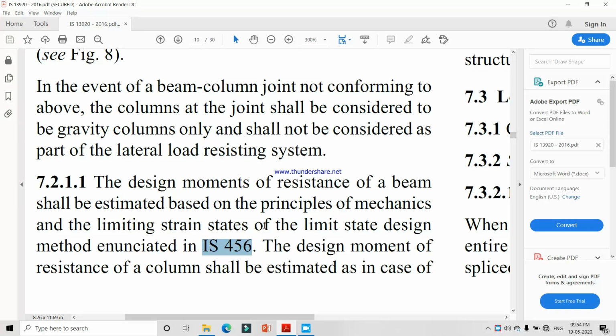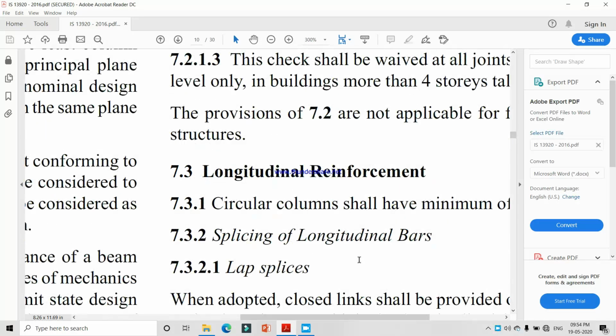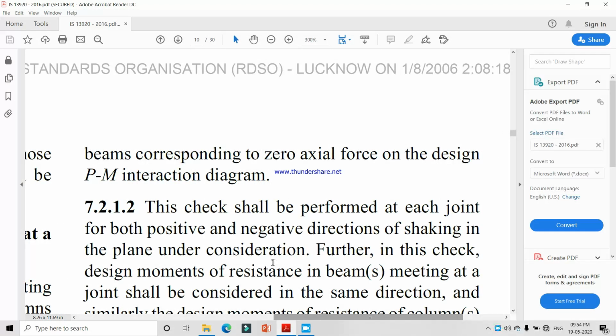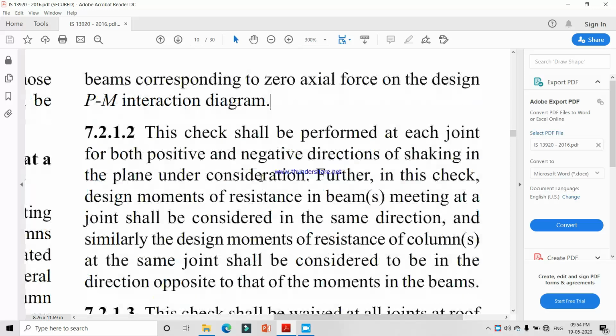The design moment of resistance of column shall be estimated first for the case of zero axial force on the design PM interaction. These are the steps given while you are designing.